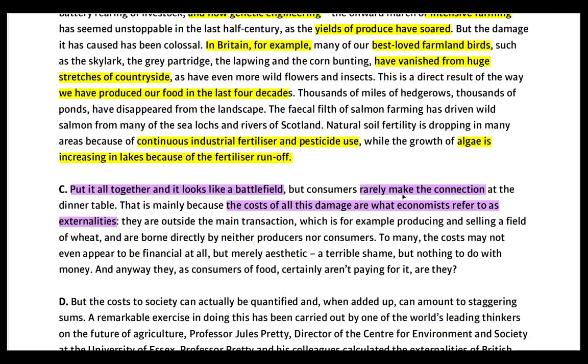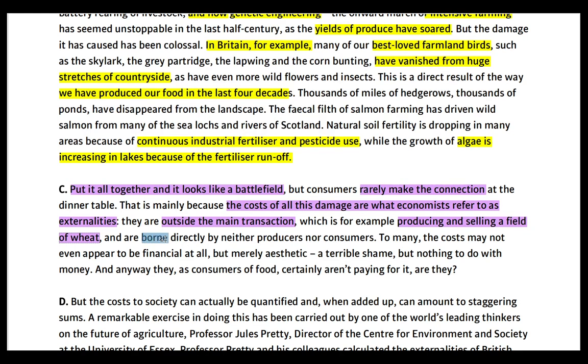So because the connections are rarely made at the dinner table, if we read further, they are outside the main transaction, for example producing and selling a field of wheat, and are borne directly by neither producers nor consumers.